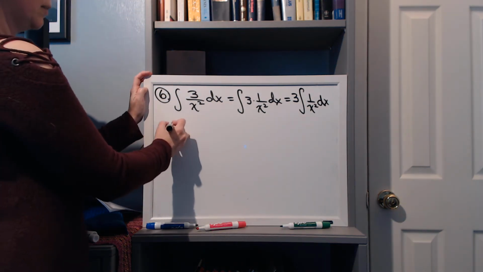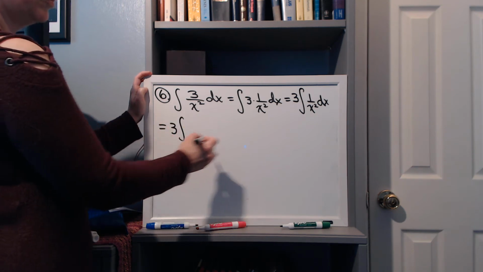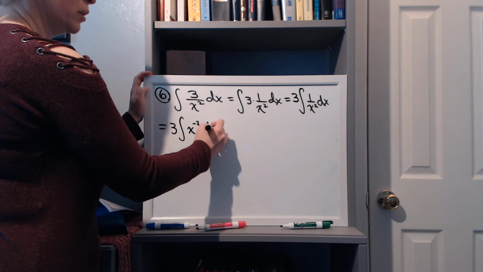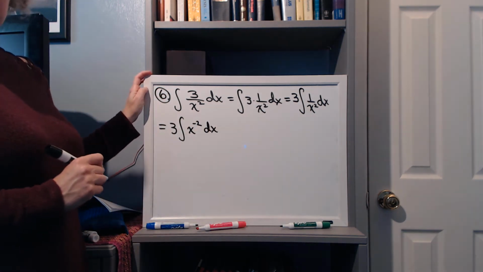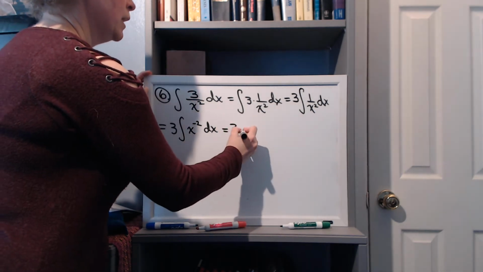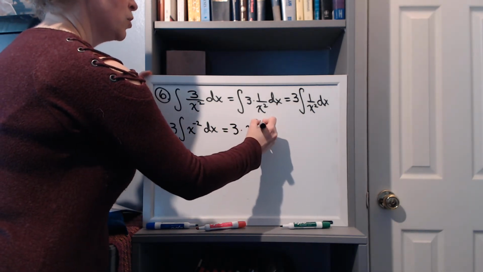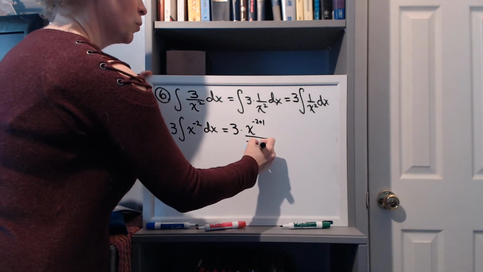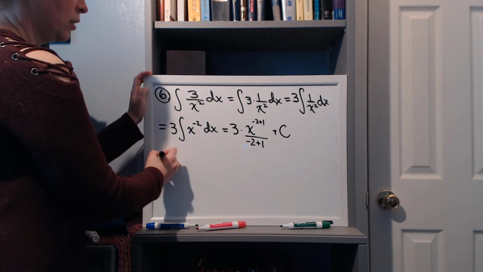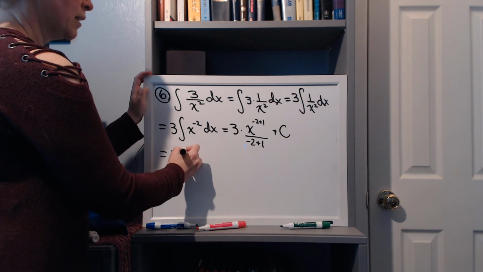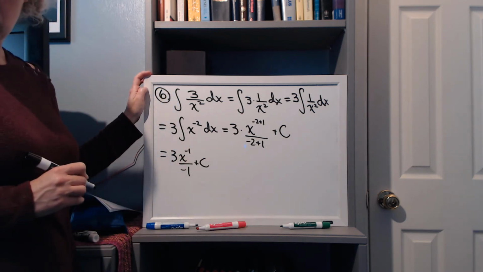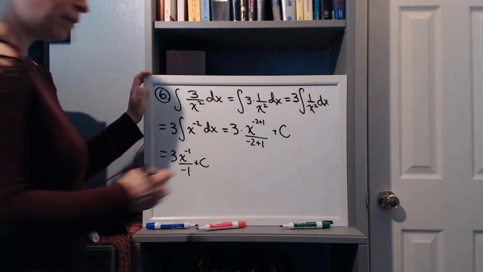Now, just like in example 5, we want to rewrite the 1 over x squared as x to the negative 2 so that we can easily apply the power rule. And then we'll have 3 times x to the negative 2 plus 1 over negative 2 plus 1 plus c. So that's going to give us 3x to the negative 1 over negative 1 plus c, which we can rewrite by pulling the negative out front.